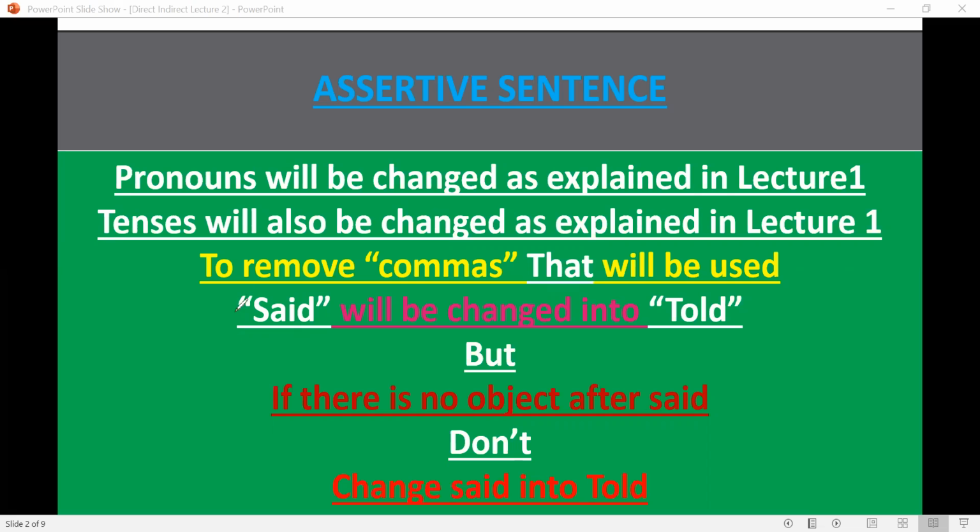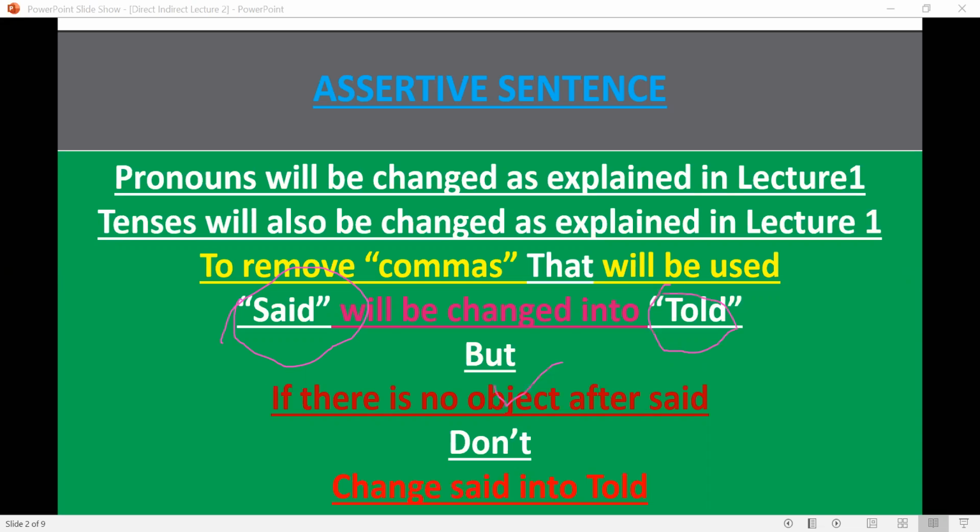Said will be changed into told, but keep this in your mind: if there is no object in the reporting speech, don't change said into told. Keep that said in narration while changing direct into indirect. Keep that said as it is.